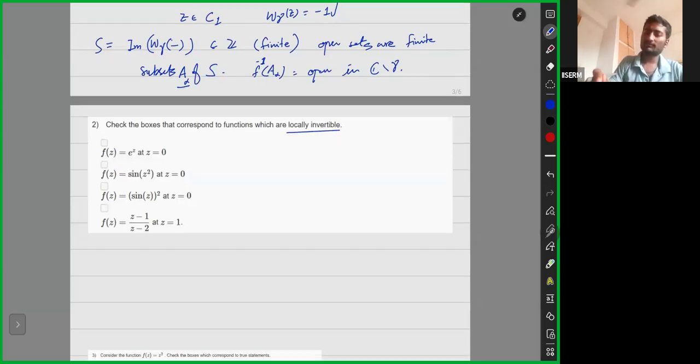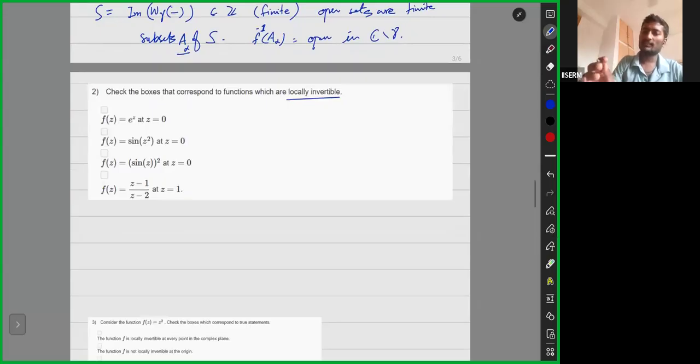The inverse function theorem tells us that when f prime of z at some point is not 0, then there exists a neighborhood of that point where it is biholomorphic, meaning it has an inverse and the inverse is also holomorphic.